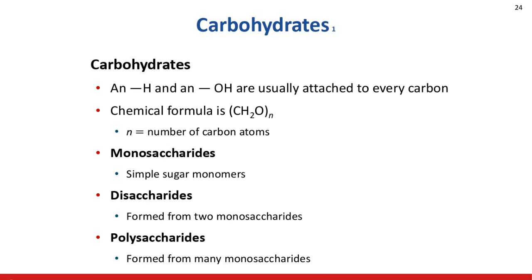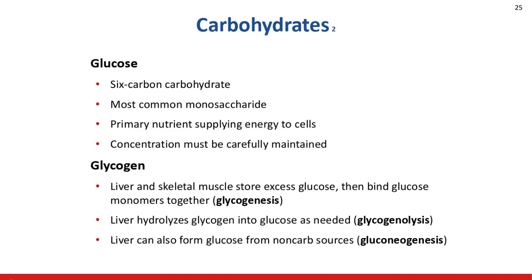What's a polysaccharide? Many monosaccharides. So I'm going to take all my monosaccharides and string them together, and make this big, long molecule. That's called glycogen. Glycogen is the stored form of glucose.